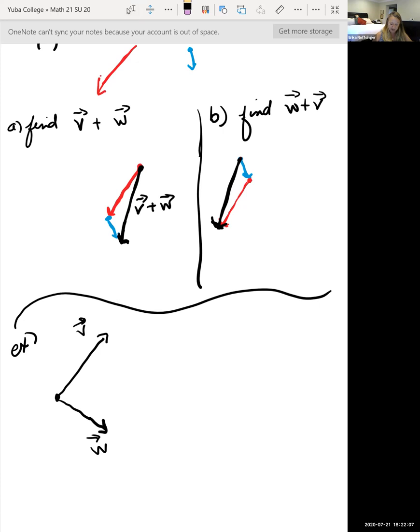So I'm going to extend V from that spot, and then I'm going to extend W this direction. And it's going to be that line that joins the diagonal between this. So this would be W plus V.